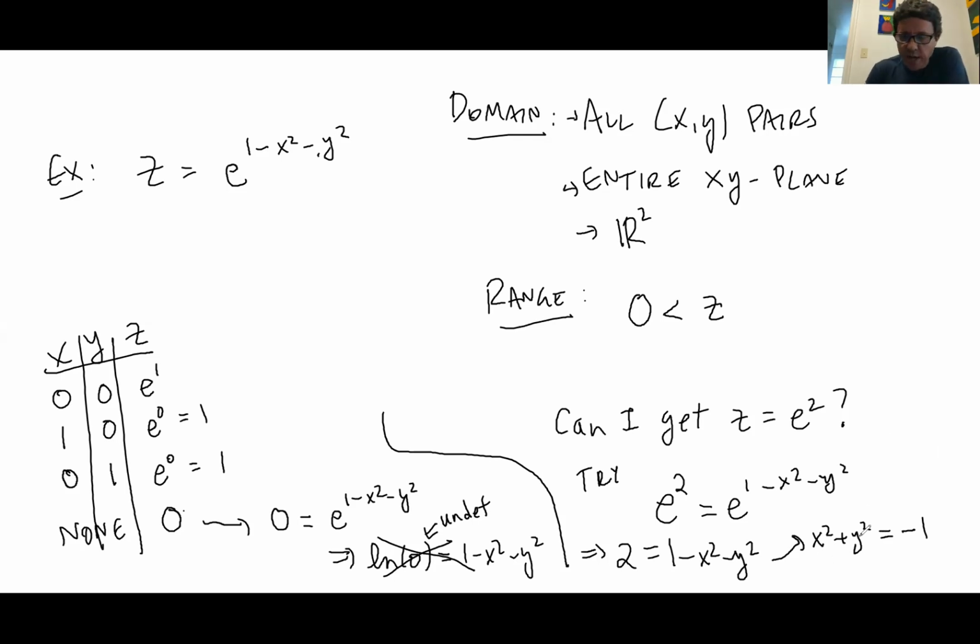And I hope that you look at that quickly and go, wait, I take x and square it, and I take y and square it, and I add them together, and I get a negative number? And the answer is no, I can't do that. Because the left-hand side is positive, the right-hand side is negative. So that's not possible. So I can't get e squared out of this.